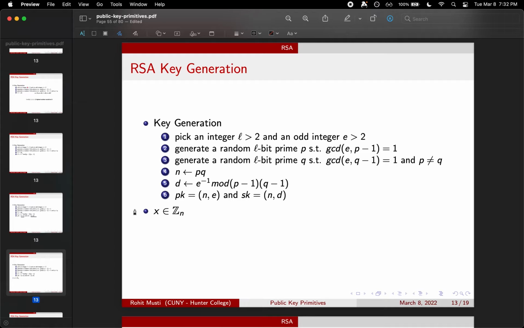Z of N is a number group, the natural numbers up until N, and all operations happen mod N. This notation is referencing a number group. This is a little bit of number theory and a little bit of group theory.